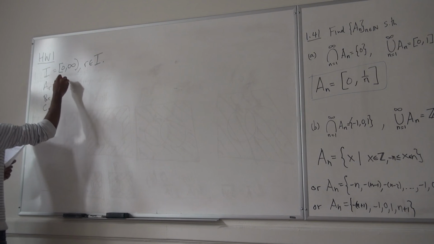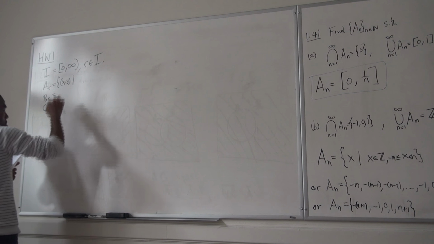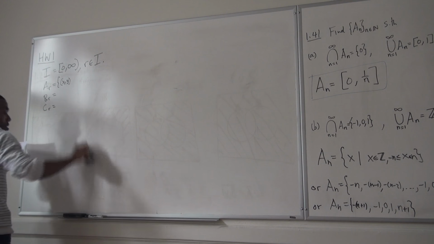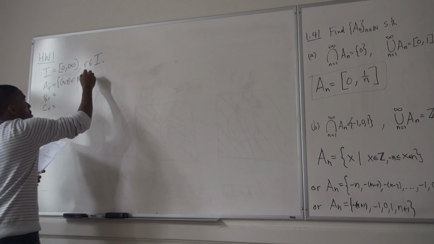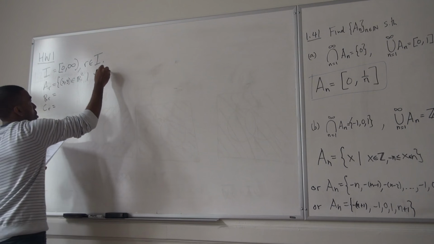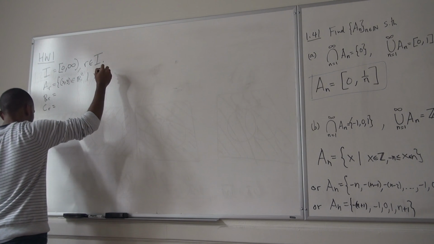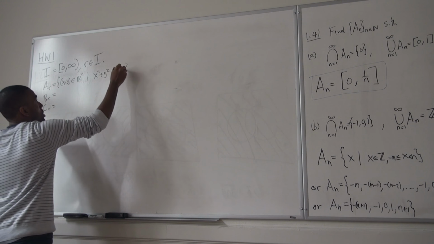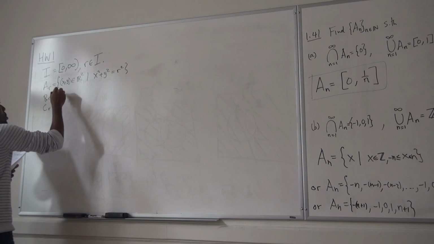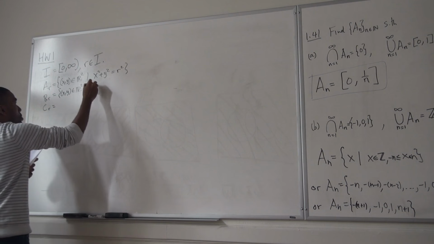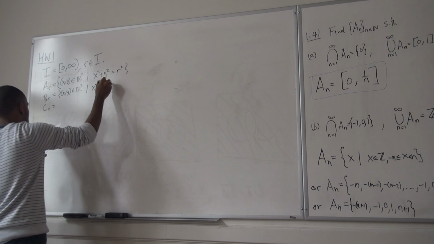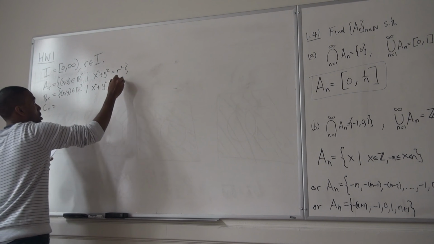This is the set of all coordinates in the 2D plane such that x squared plus y squared equals r squared. This is the set of all coordinates in the 2D plane such that x squared plus y squared is less than or equal to r squared.